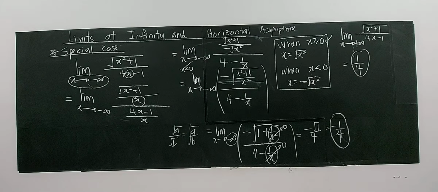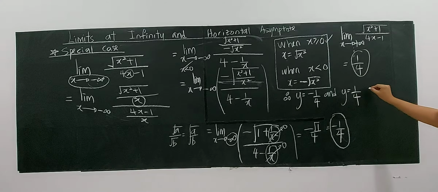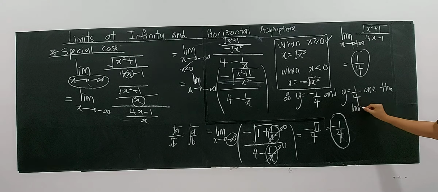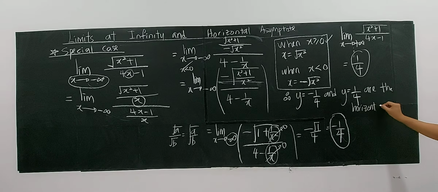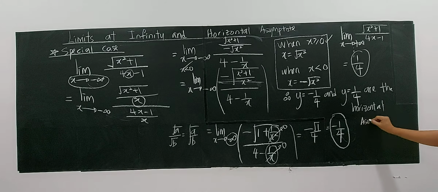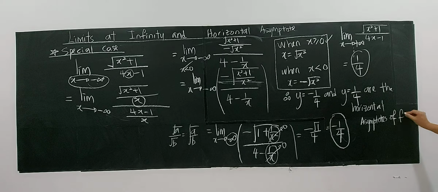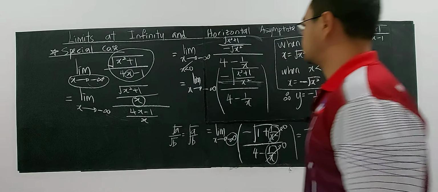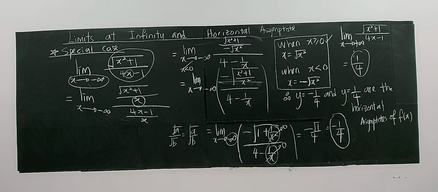Therefore, y equals negative 1 over 4 and y equals 1 over 4 are the horizontal asymptotes of this function f(x).